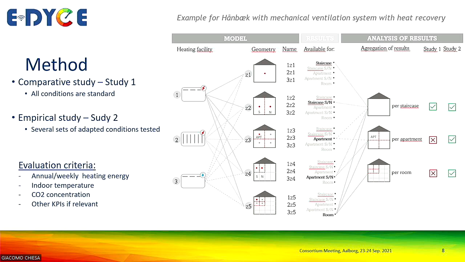And we have tried with two sets of the boundary conditions. So we did the first study, which we call the comparative study. All models have used, in agreement with the EPC definition, a uniform amount of loads, a uniform set point temperature for the heating, etc. And then we compare the results.